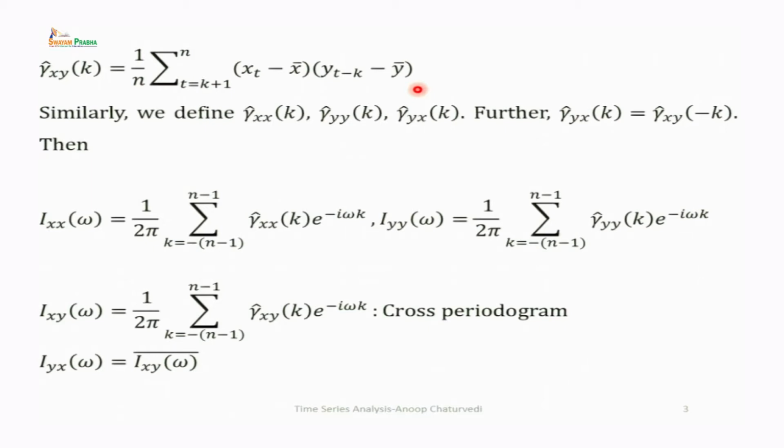So, actually gamma hat x y k is the sample autocovariance between x and y of lag k.